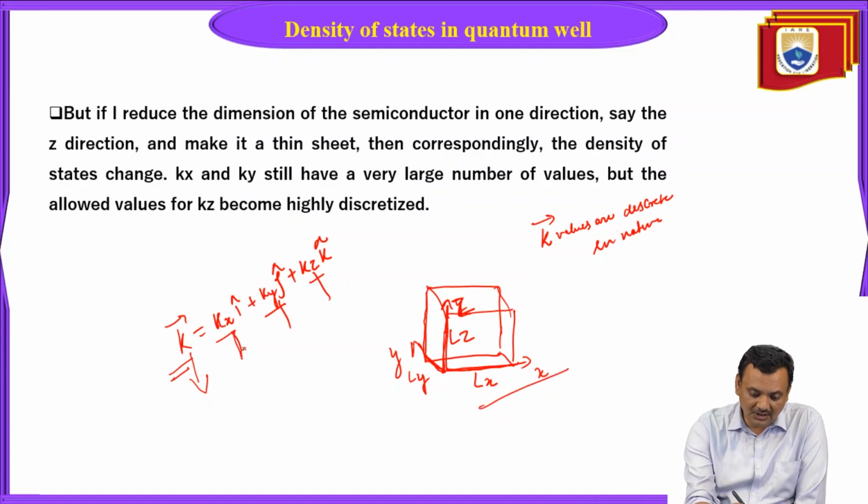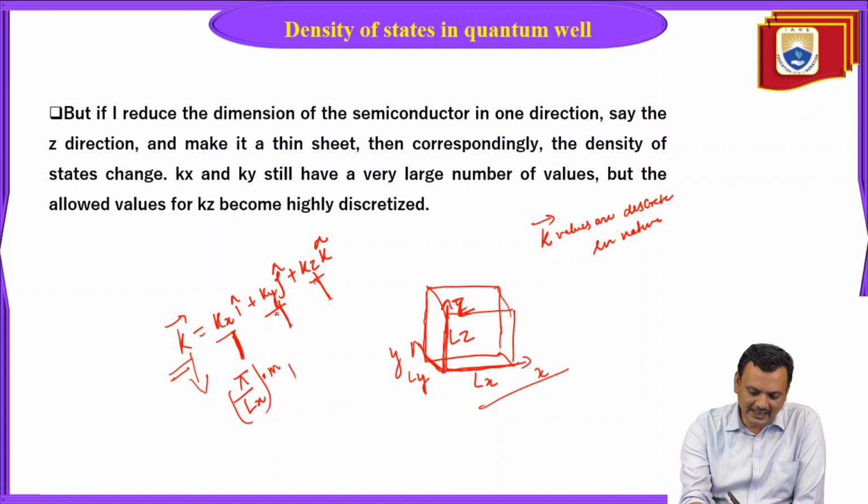And what are the possible values of kx, ky, kz? The possible value of kx is pi upon lx multiplied by m, where m is an integer.